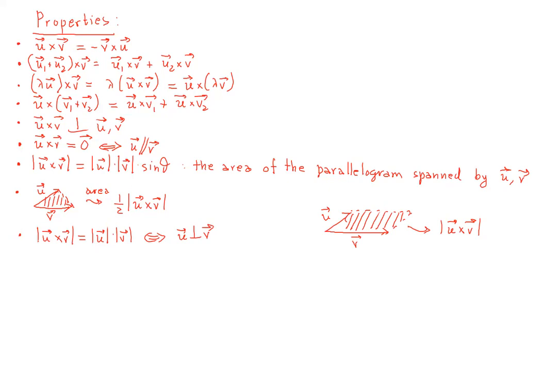Okay, there's one property that I would like to add. It's not that we're going to use it, but it's such a beautiful property that I would like to discuss. Imagine that you have three vectors, let's say the vector u and the vector v.